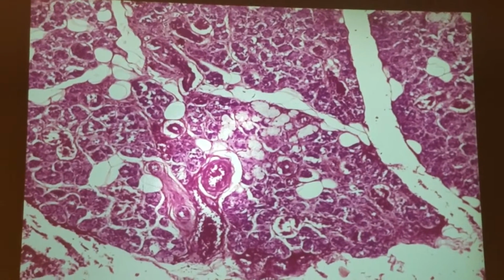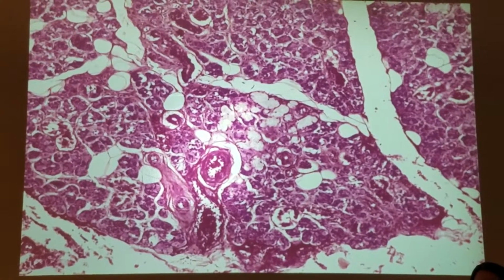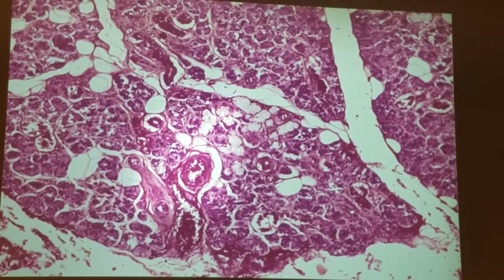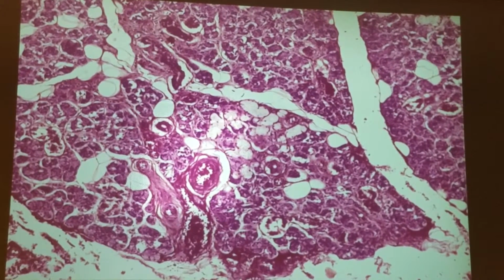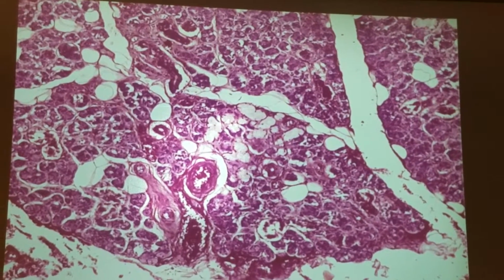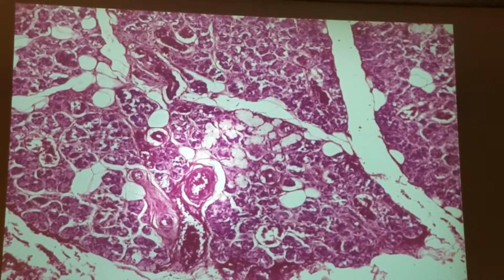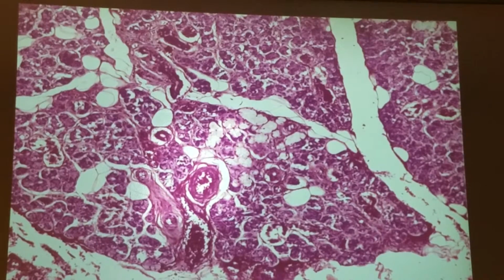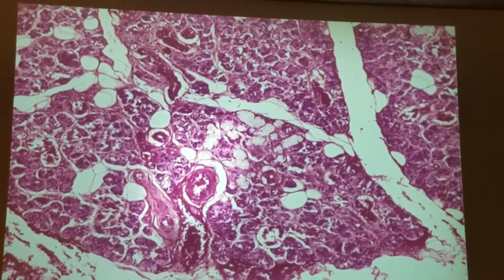Then we have salivary ducts. The word duct, you need to think of a circle of cells, making a circle, and then there's nuclei in there. That would be a duct.